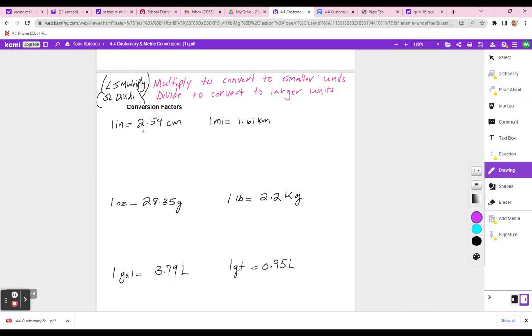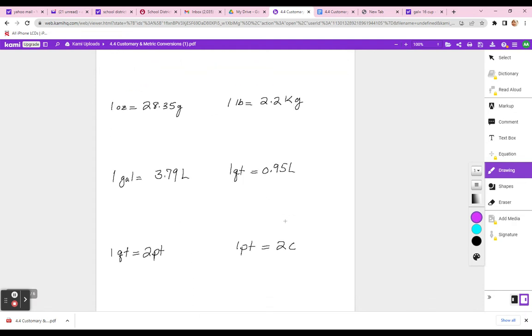So you should know 1 inch is 2.54 centimeters. 1 mile is 1.61 kilometers. 1 ounce is 28.35 grams. 1 pound is 2.2 kilograms. 1 gallon is 3.79 liters. 1 quart is 0.95 liters. 1 quart is 2 pints. 1 pint is 2 cups. There might be others, but we're going to use these a lot in this video.